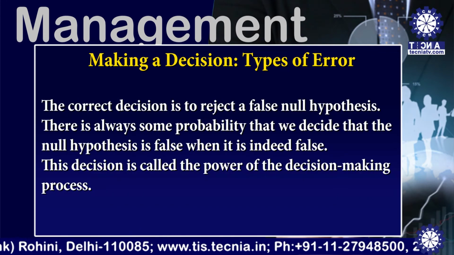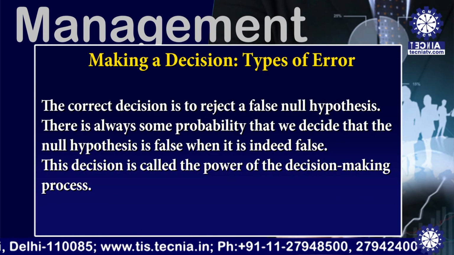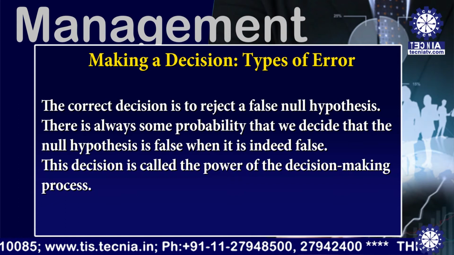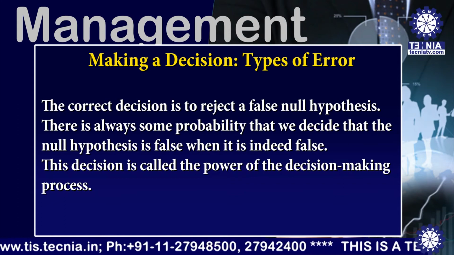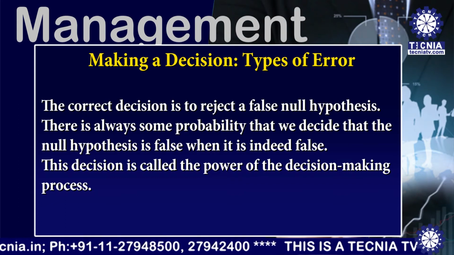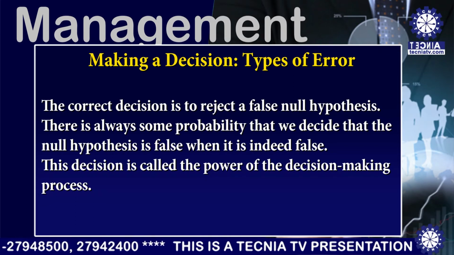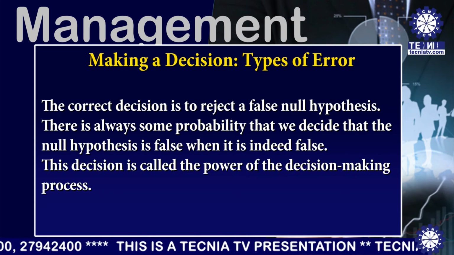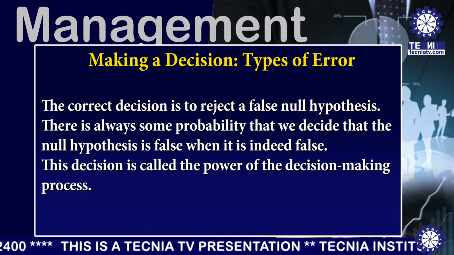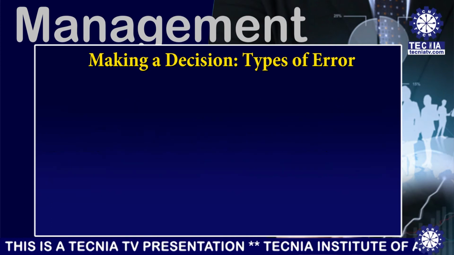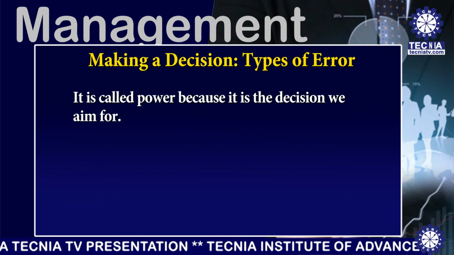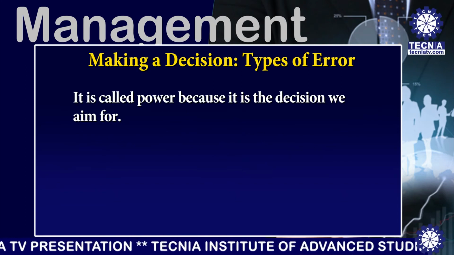The correct decision is to reject a false null hypothesis. There is always some probability that we decide that the null hypothesis is false when it is indeed false. This decision is called the power of the decision making process. It is called power because it is the decision we aim for.